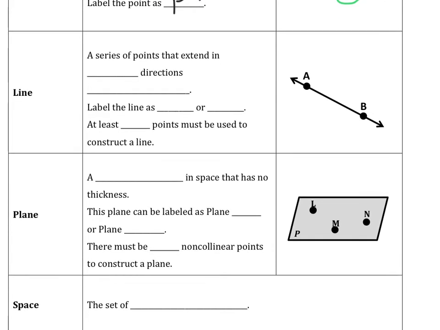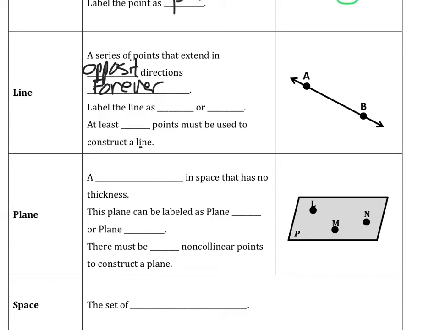A line is a series of points that extend in opposite directions forever, and that's why we put the arrows after it.